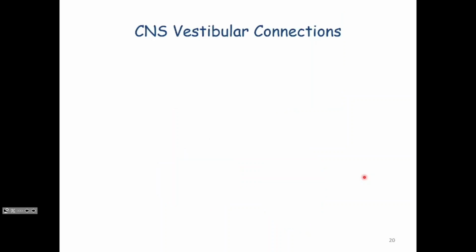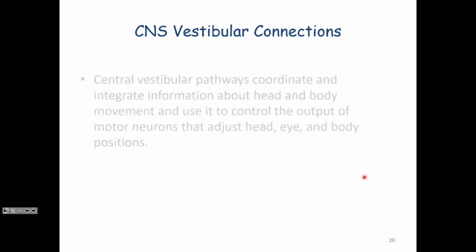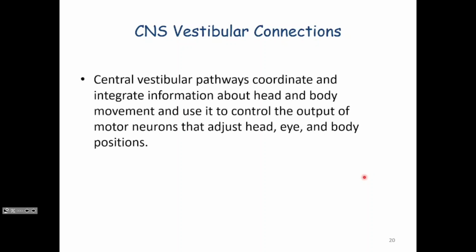Now, what are the central connections of the vestibular nuclei? We know that the cochlear nerve has a spiral ganglion. Here we have Scarpa's ganglion. Scarpa's ganglion has a central process which is going to the brainstem. It has a peripheral process which is going to the utricle, saccule, and the ampulla of the three semicircular canals.